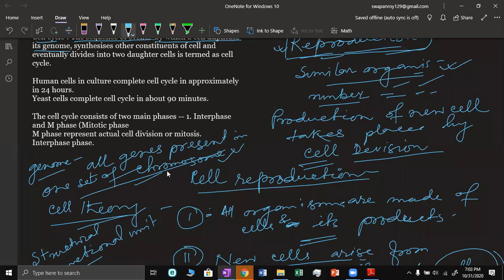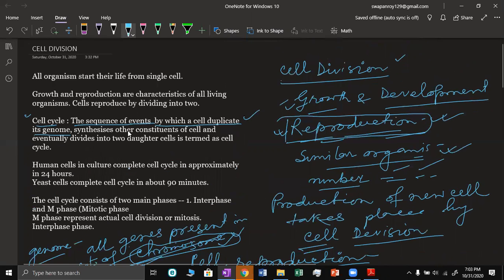So when the cell divides, this genetic material also should divide, they should increase, and the daughter cell should get an equal amount of this genetic material, the chromosomes. So during this cell division, the genome duplicates, which means they make a copy. So it becomes two copies.